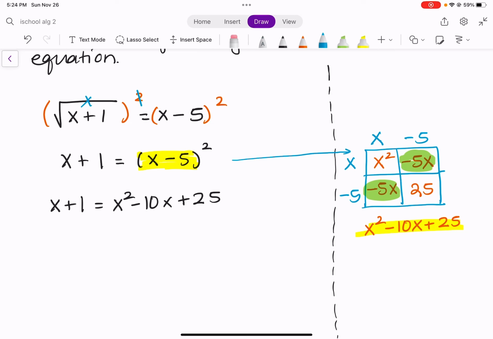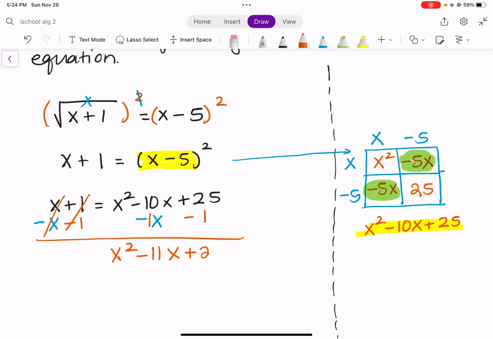So for example, I have this positive x, so I'm going to subtract x on both sides. For this plus 1, I'm going to minus 1 on both sides. And you'll see these cancel out. So what I'm left with is x squared, right? This is technically a negative 1. So negative 10 minus 1 is minus 11x, and then plus 24. And this is just going to equal 0, right?